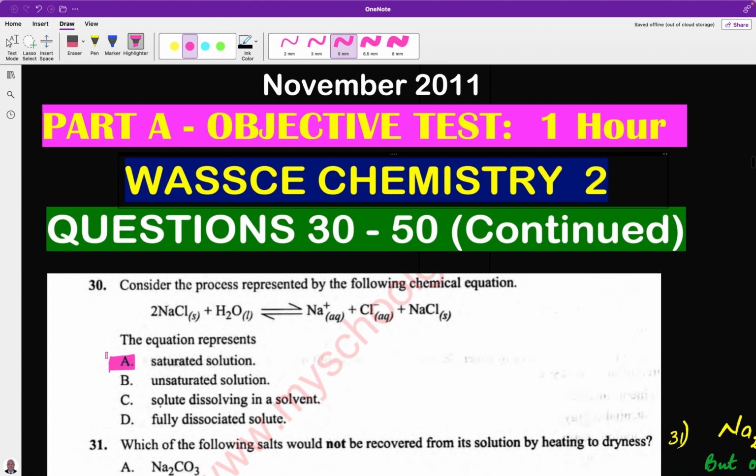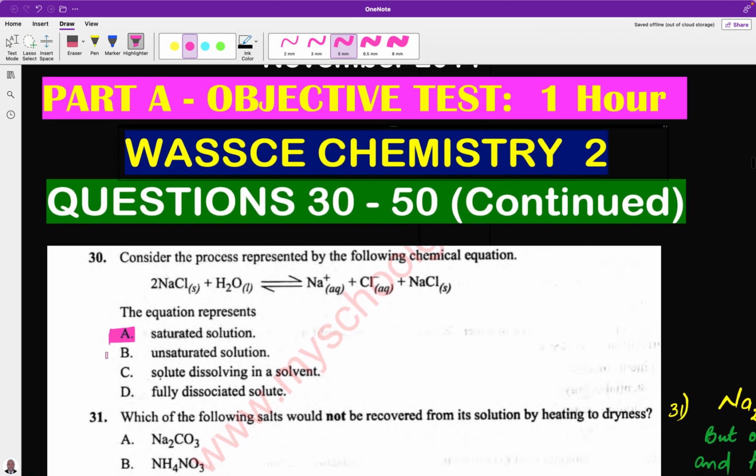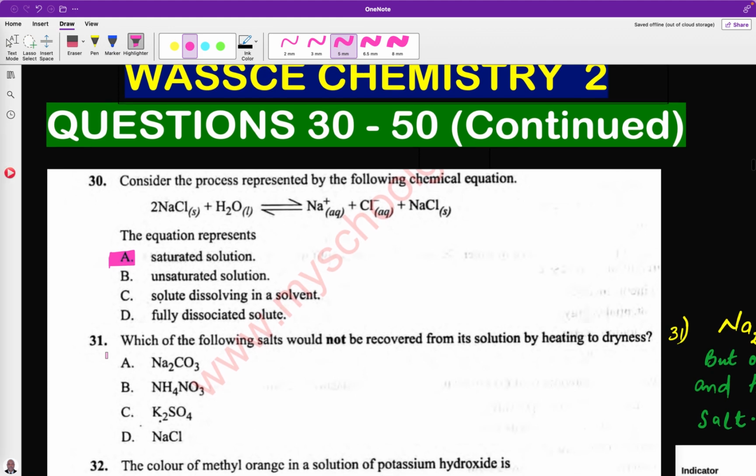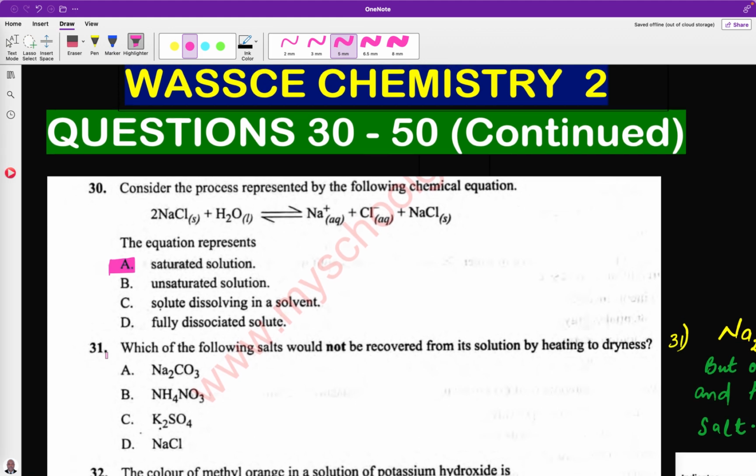Question number 31. Which of the following salts would not be recovered from its solution by heating to dryness?